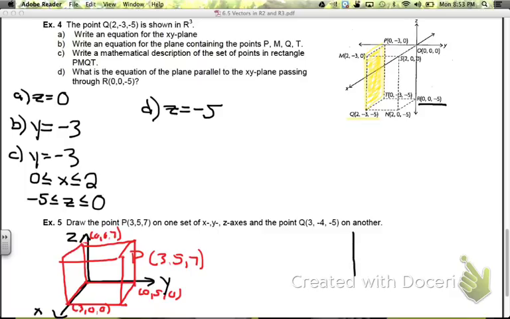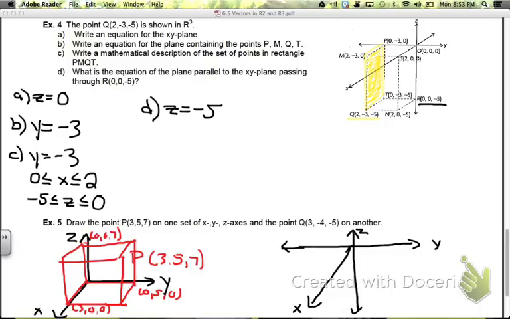So I'm going to have my z-axis here, this is z. I'm going to have my y-axis here, this is y, and then I have my x-axis coming out, which is here. I could continue drawing my x-axis backwards, but I don't have any negatives, so I'm just not going to draw it right now.